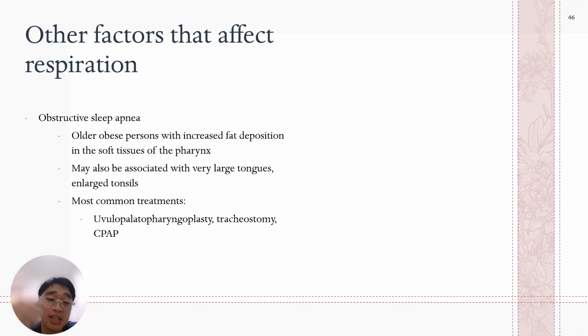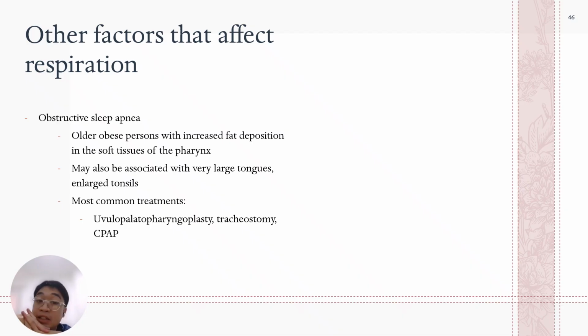But if you are obese, there will be increased fat deposition in the pharynx, limiting the space for air to move. So when you sleep, when the control of your respiration is very minimal, the pharyngeal wall might collapse, inhibiting the movement of air in and out. That is why it leads to sleep apnea.